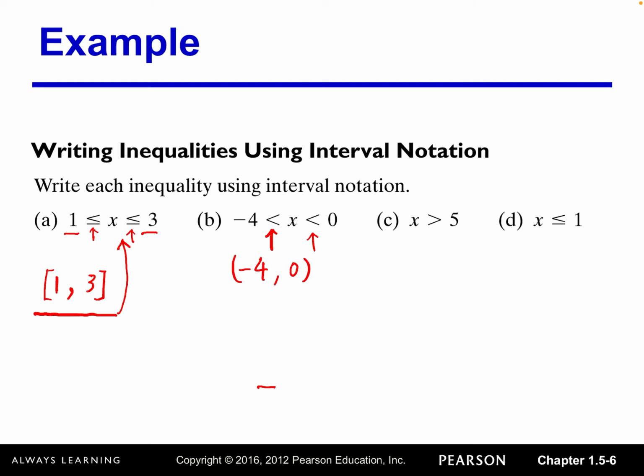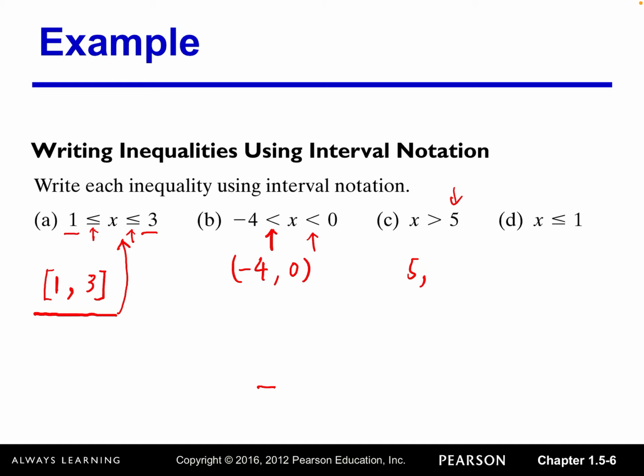C, x greater than 5. You have to determine whether 5 is the lower boundary or upper boundary. X greater than 5 means any number on the right-hand side of 5 on the number line. So is 5 a lower bound or upper bound? Lower bound, right? So put 5 on the left-hand side of the interval notation.